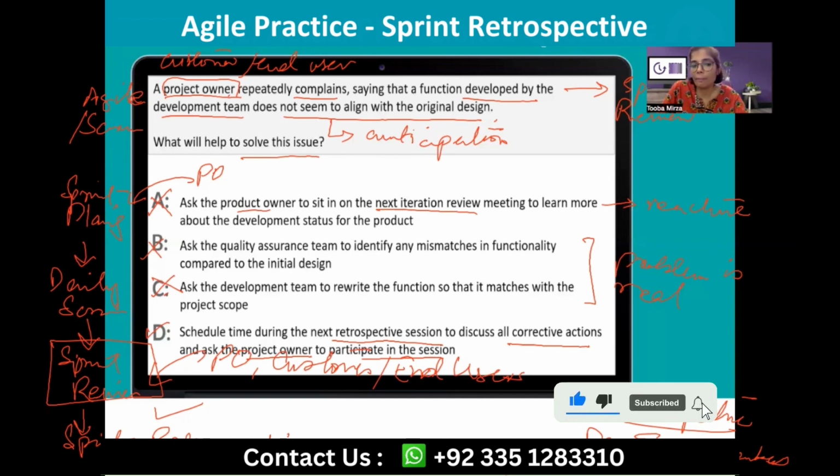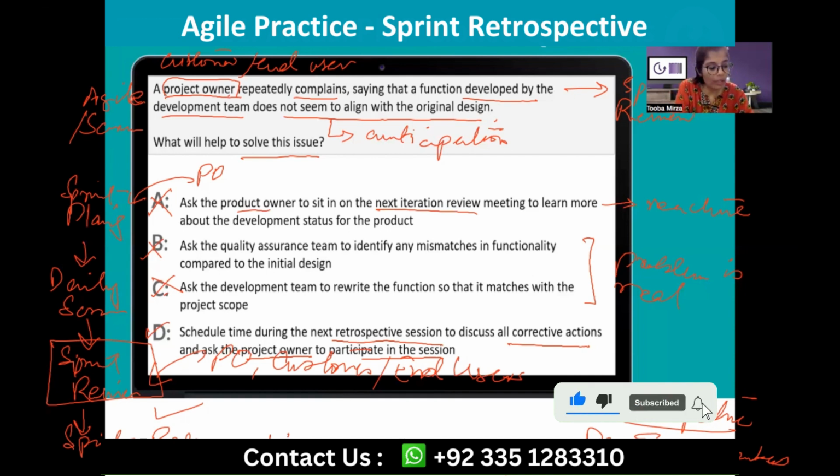But my point is, is the product owner involved throughout the sprint, or is he only involved in the sprint review? Okay, yes. First of all, you tell me why B doesn't make sense, or why B is not the best option to go for. It can be a choice, but it's not the best choice. As per the best practices, D is the best choice.